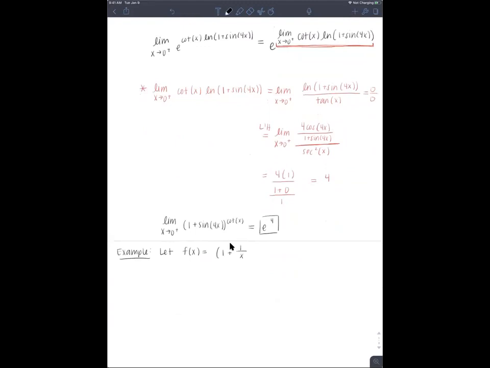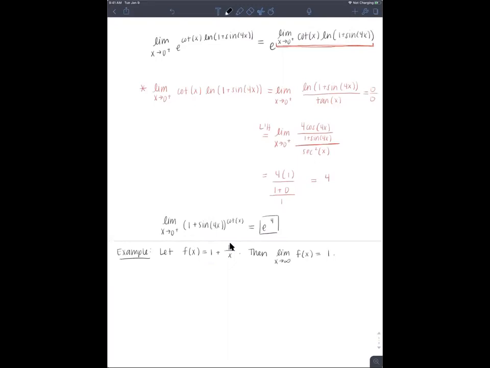Then when I look at the limit as x approaches infinity of f of x, I'm just going to get 1, right? Because I would get 1 plus 1 over infinity, but 1 over infinity would give me 0.